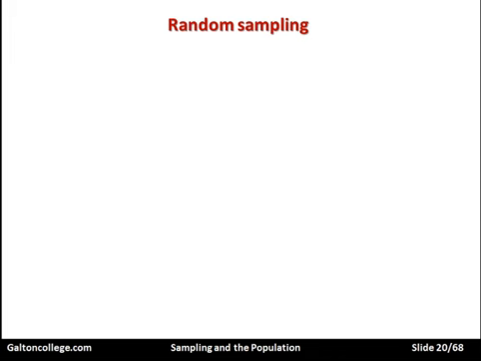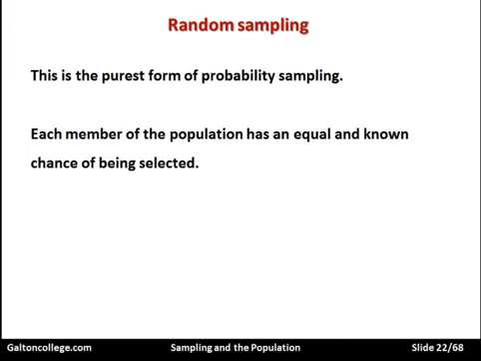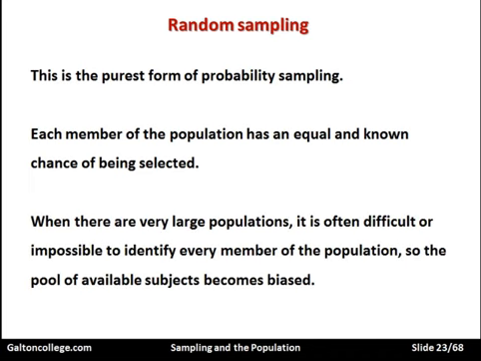Now, random sampling, well, this is the purest form of probability sampling. This is the best type. Each member of the population has an equal and known chance of being selected. When there are very large populations, it's often difficult or impossible to identify every member of the population.